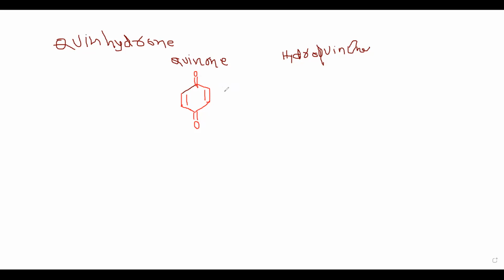When 2 H plus ions and 2 electrons are added, that is, addition of electrons, which is known as, can anybody tell me, reduction, it is converted into hydroquinone. Hydroquinone is formed like this, with OH groups. That is, para-hydroxyphenol or 1,4-dihydroxybenzene is known as hydroquinone.